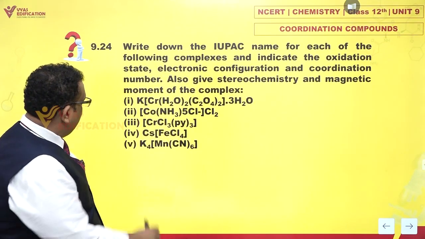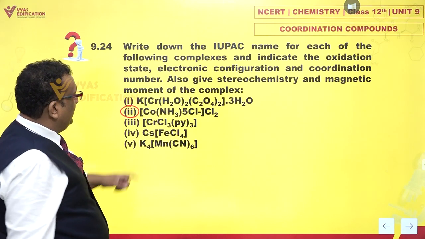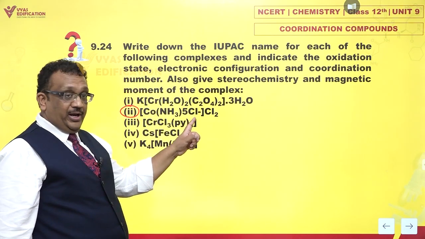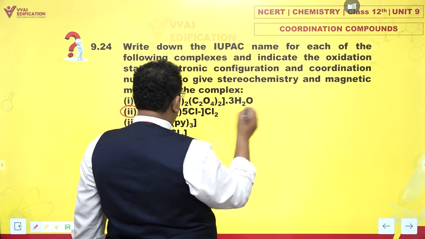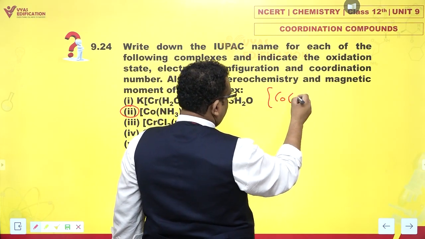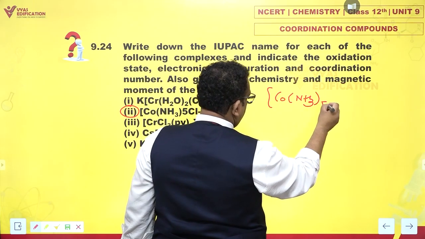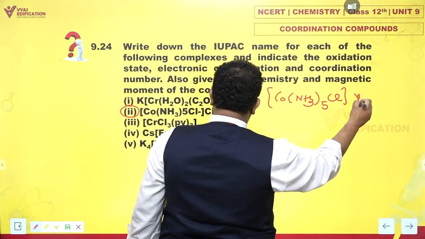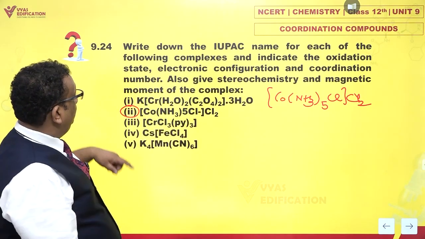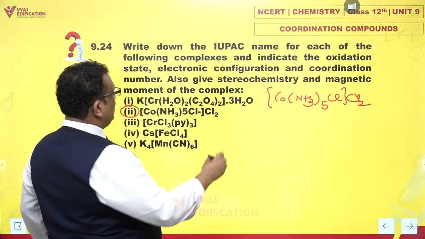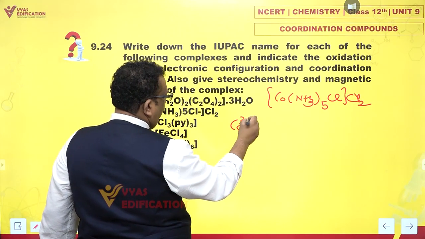Now let's take a look at the second part. What does it say? We have pentaamminechloridocobalt(II). Yeah, cobalt(III), sorry. If you look at this complex, first of all, the oxidation number of cobalt would be plus 3.